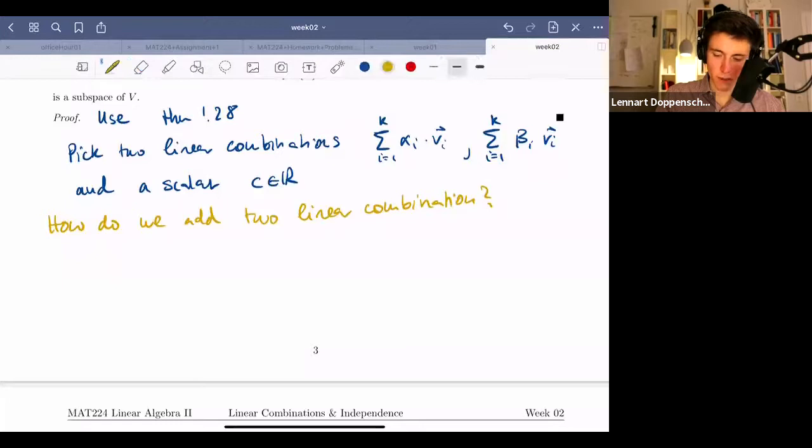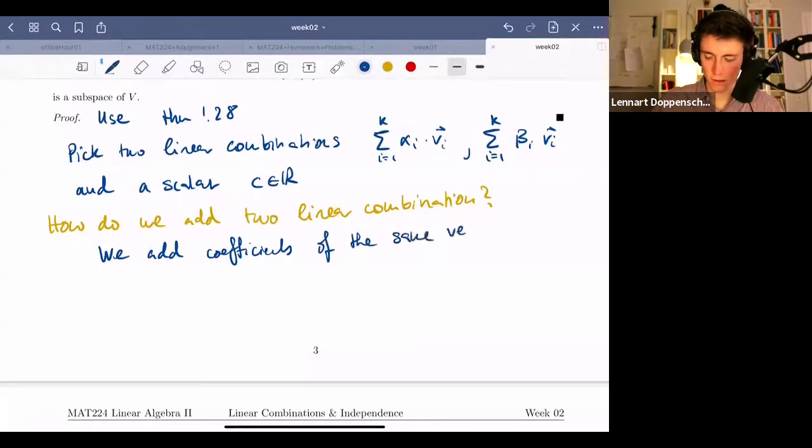So the coefficients that correspond to the same vector in both combinations will be added together.